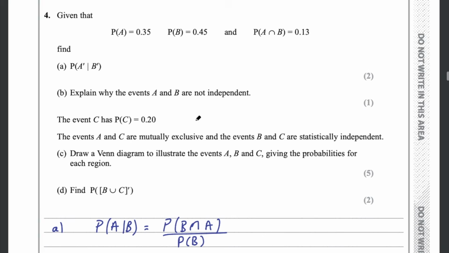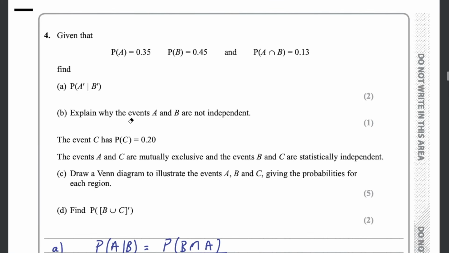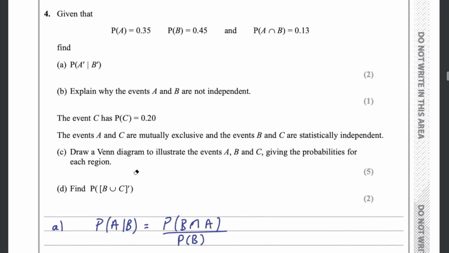Okay, let's go back to the question. Okay, so part B says explain why the events A and B are not independent. When you're talking about conditional probability, if we have the probability of A happening given B happened, if they're independent, B should have no effect on A. So in effect, this conditional probability should not be different to the probability of A happening.